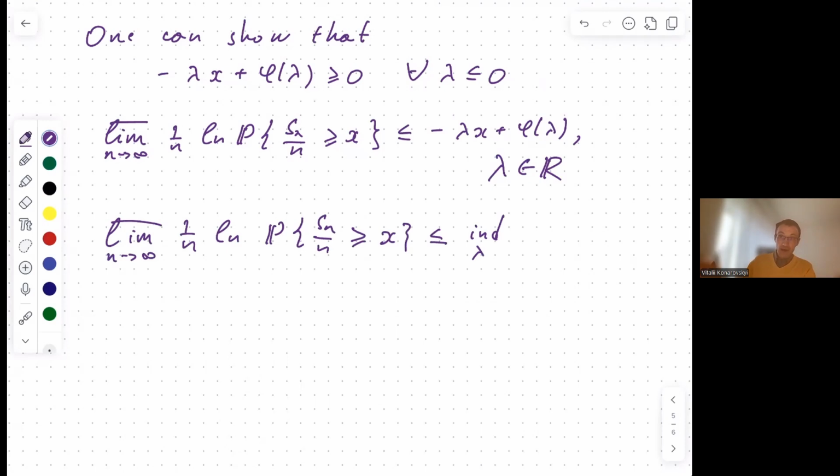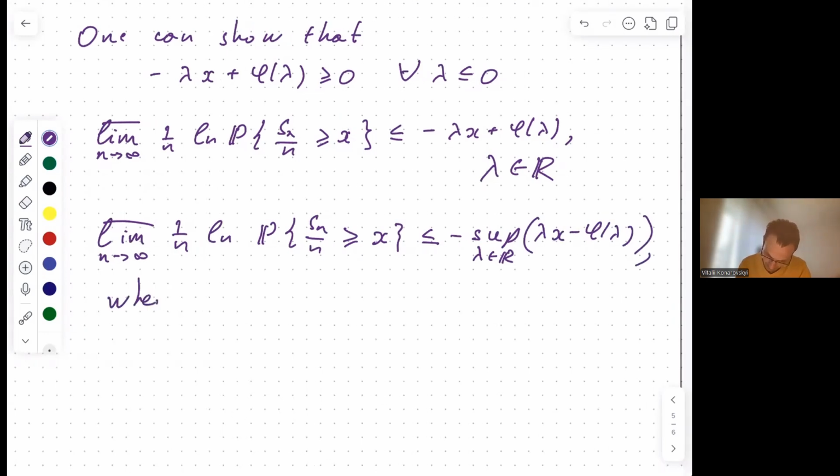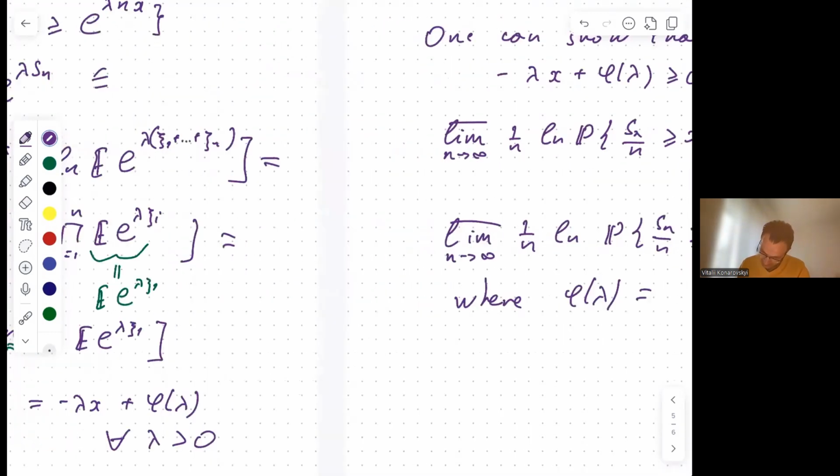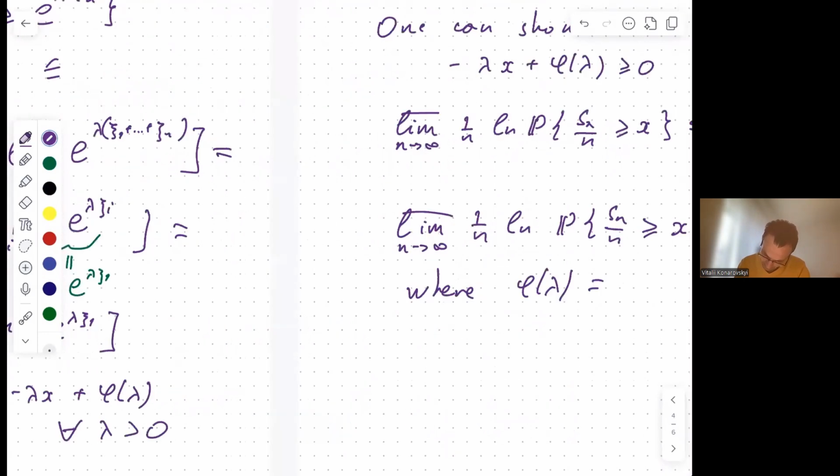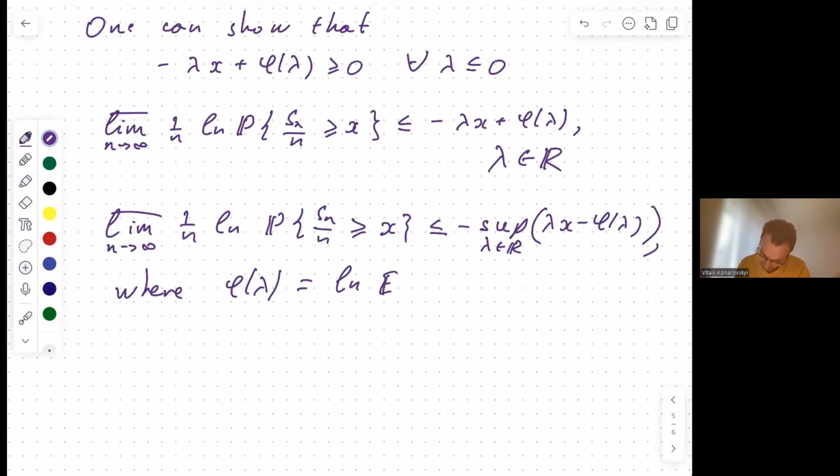When I put minus outside the infimum I have to replace it by supremum. So it is minus the supremum over lambda from R of lambda x minus phi of lambda. Phi of lambda, from the previous slide, is the logarithm of the expectation of e to the power lambda xi_1.